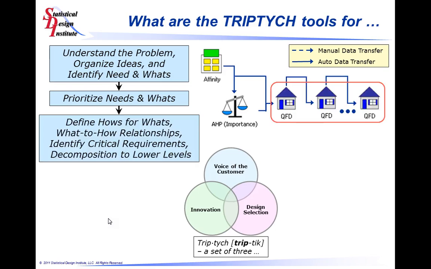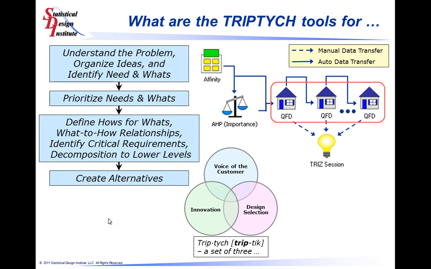In this session, we will look at transitioning prioritized information into a quality function deployment type matrix and use it to help us define the hows for various whats, understand the what to how relationships that could impact the development of the product, and then to start the identification of critical requirements and the decomposition of these requirements to lower levels.